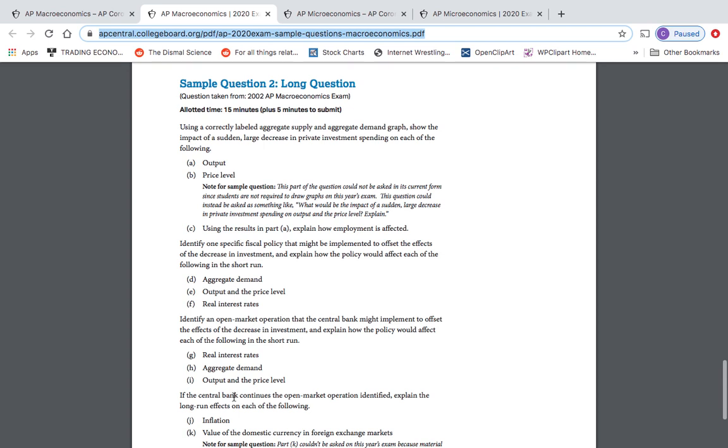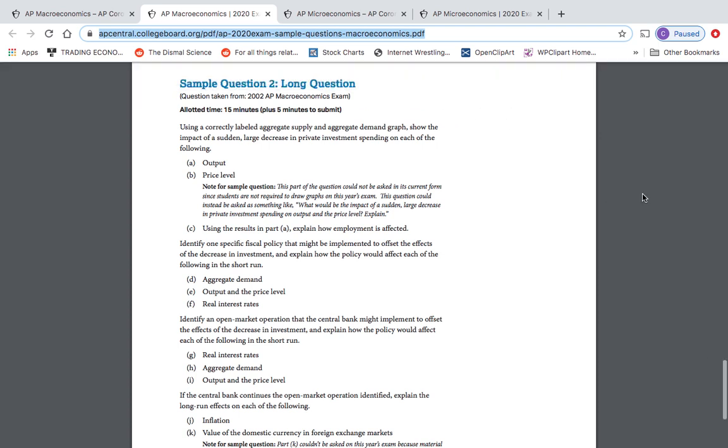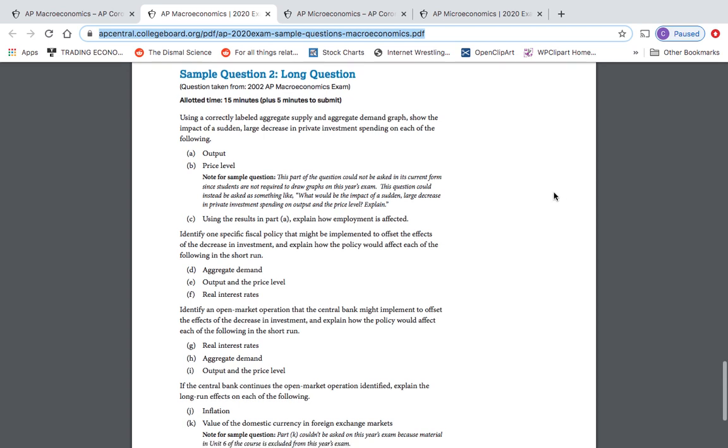All right, so it says using a correctly labeled AS and AD graph, show how the impact of a sudden large decrease in private investment spending affects output and the price level. And again, you don't have to submit the ADAS drawing, but you should be sketching it out on your scrap paper, and then you're just going to explain the effects of what you just sketched out. So you have ADAS.